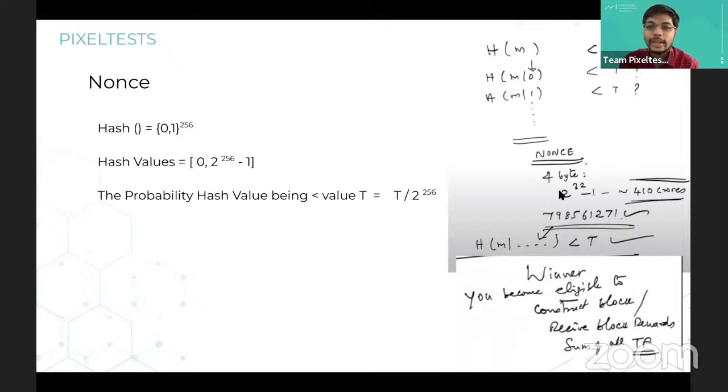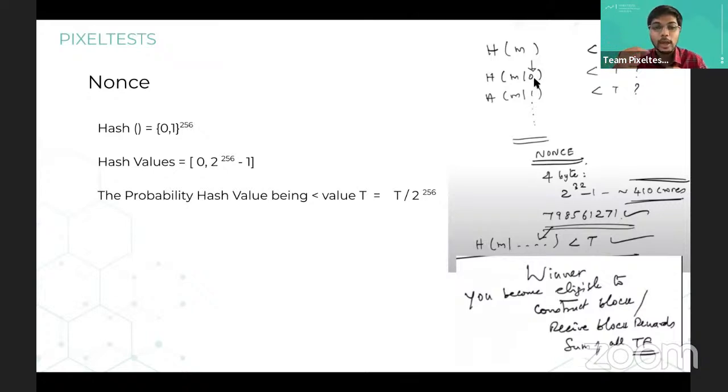Why this value is bigger is because we do not want the computation to be so easy that there's a lesser range for people to participate. That is the reason the number is huge, and there is a lot of computation.